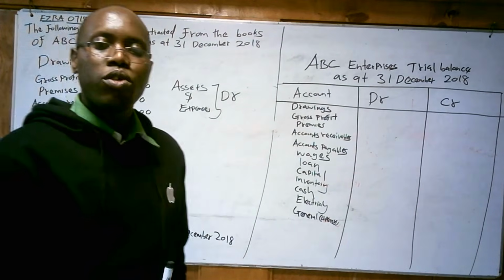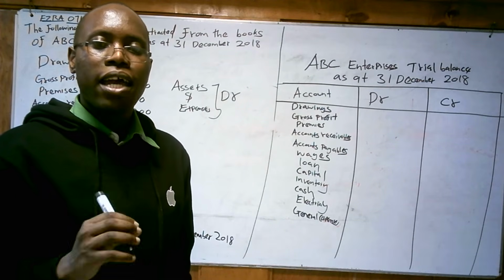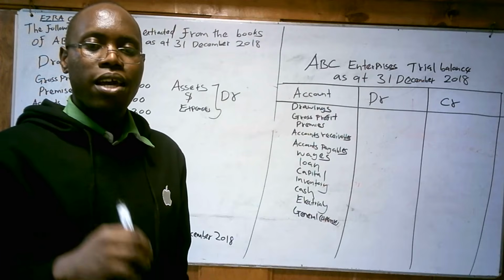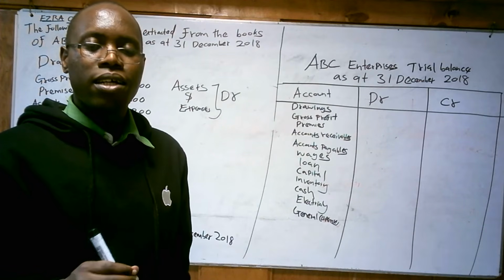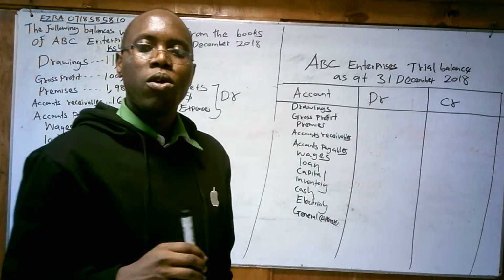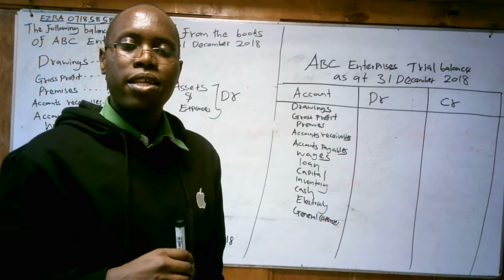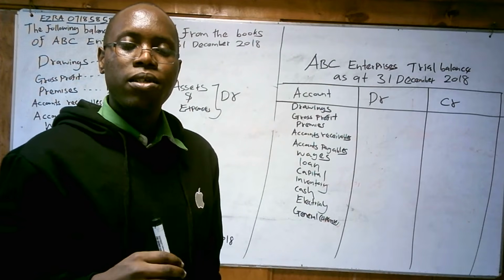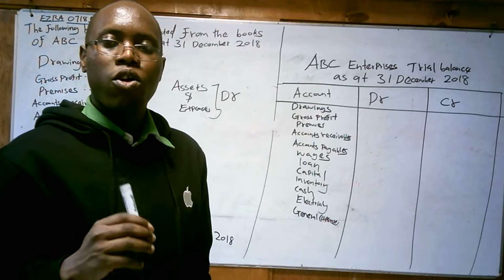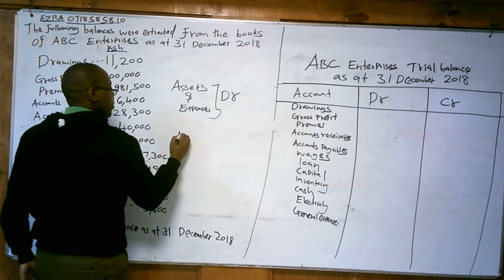And then the other thing that you need to be able to understand is this: incomes and liabilities. Incomes and liabilities, we are going to record them on the credit side of the trial balance. An income and any liability is going to be recorded on the credit side.